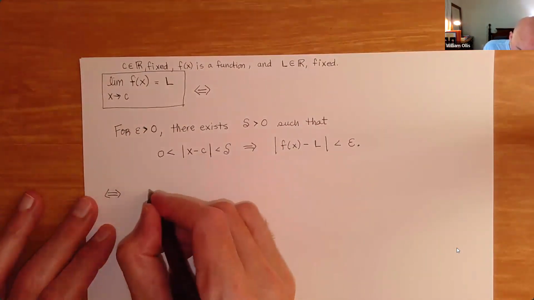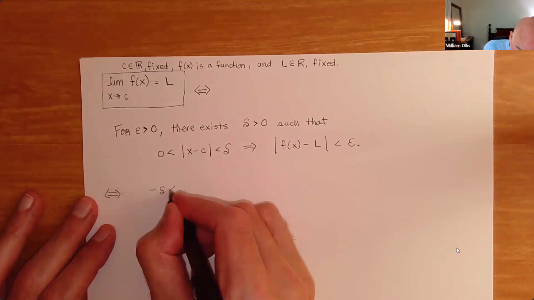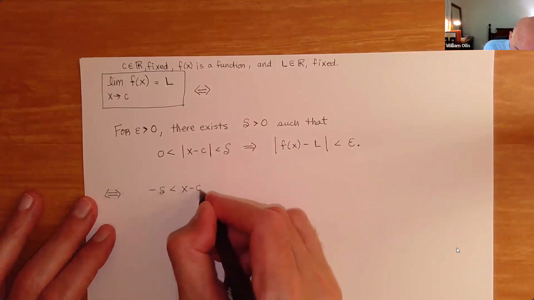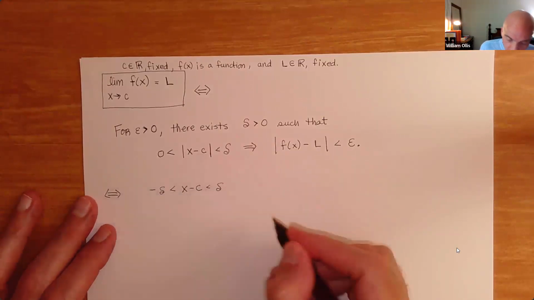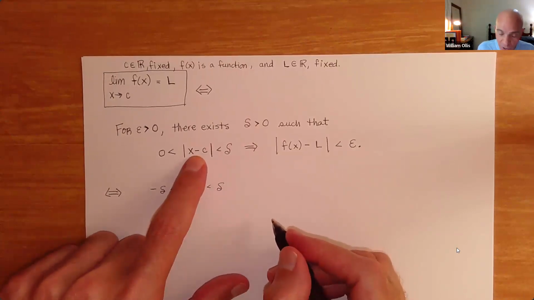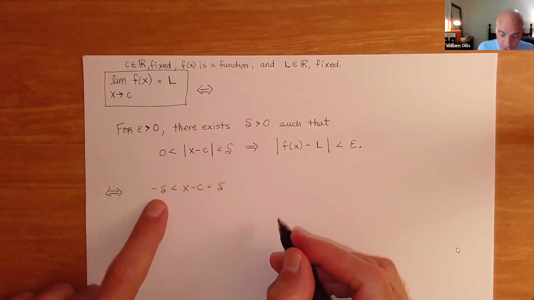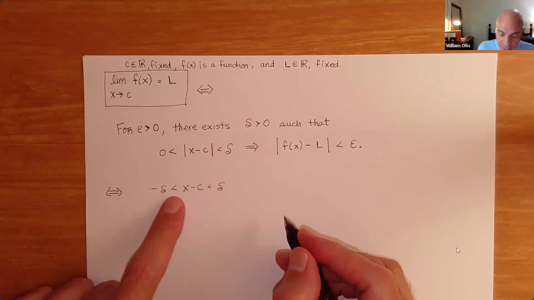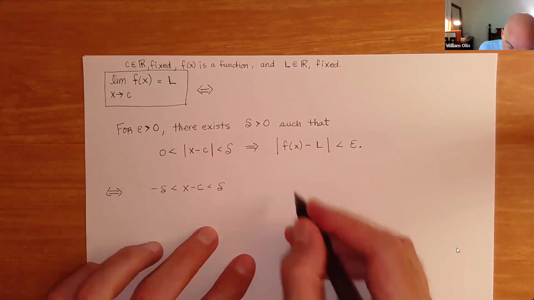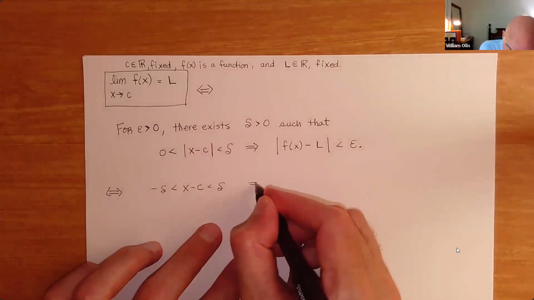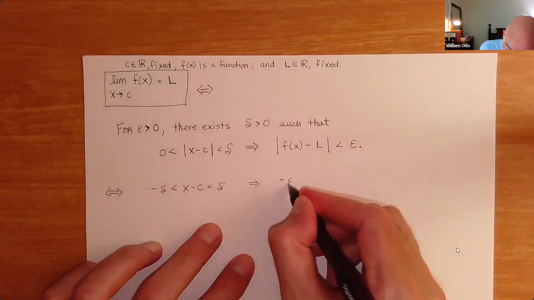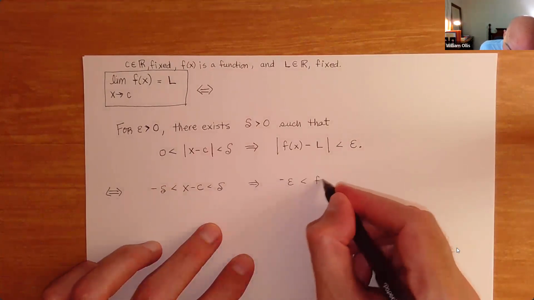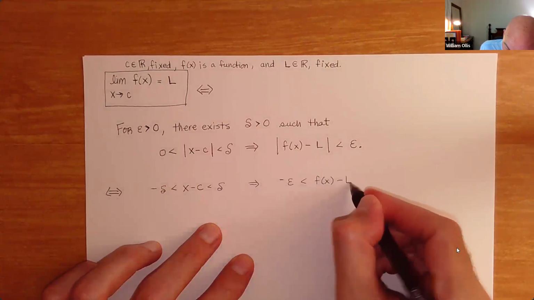This will give us negative delta less than x minus c less than delta. Again, this is just a conjunction. So now we have the additive inverse of delta less than x minus c less than delta, and we'll do the same thing over here: negative epsilon less than f of x minus L less than epsilon.